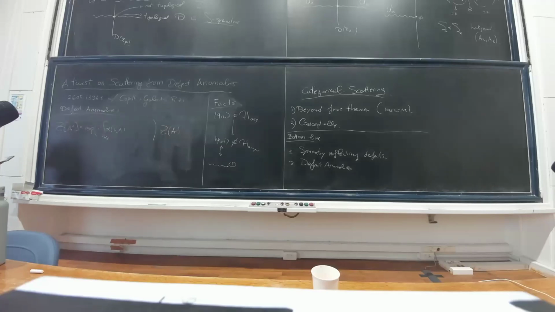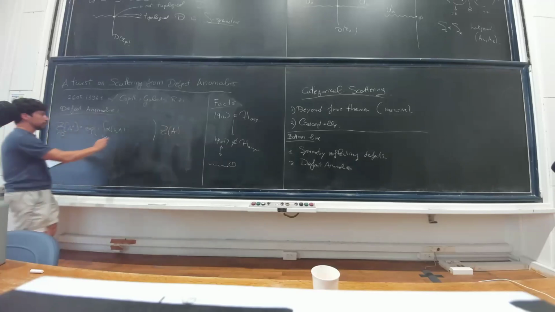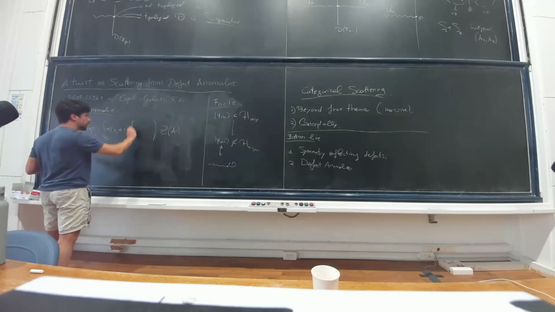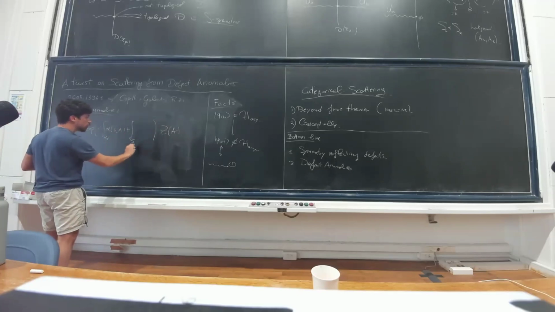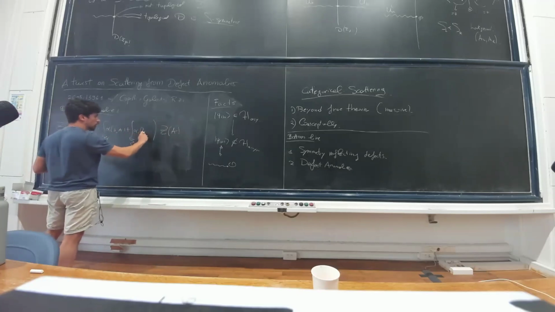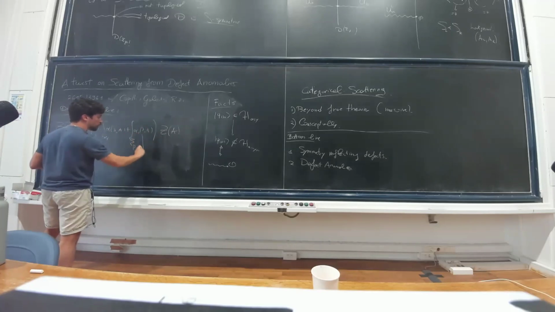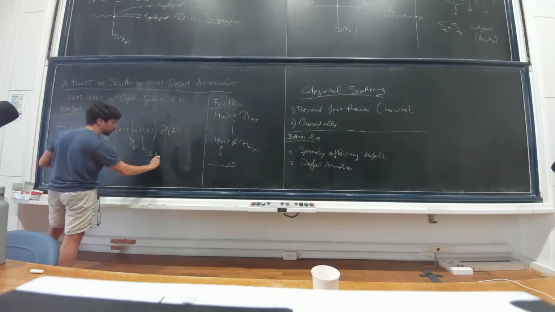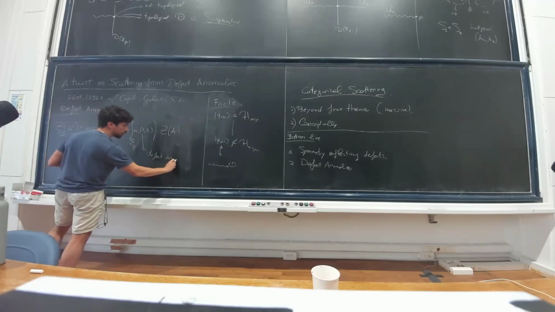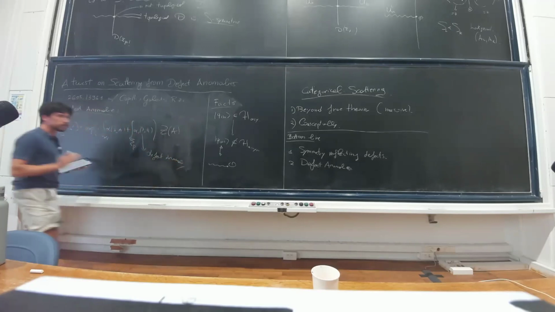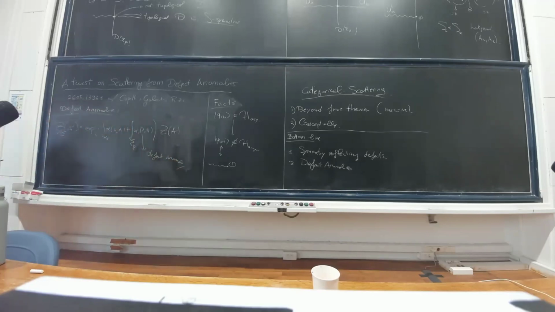But now what happens if I consider a situation in which I have a defect? Now we should consider the correlation function in the presence of the defect, and it can happen that a gauge transformation gives an additional contribution that is localized on the defect volume. And this object is what we call defect anomaly. It does not require the existence of a bulk anomaly, so it can exist independently.